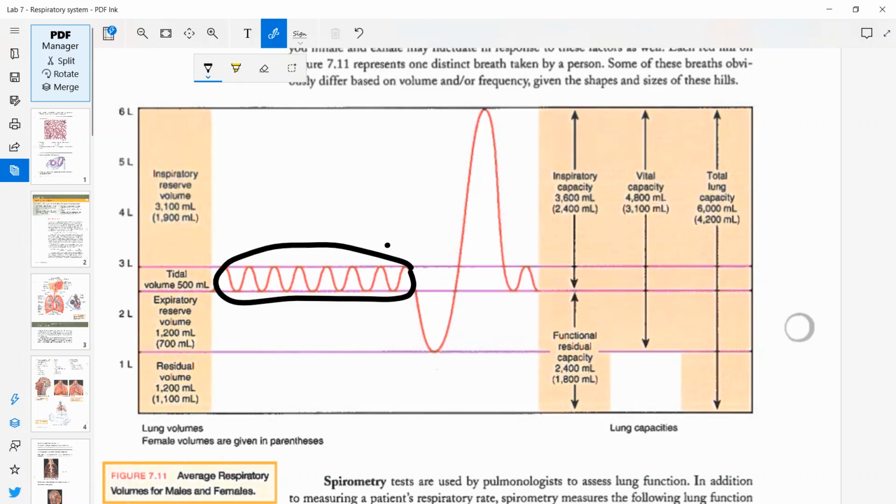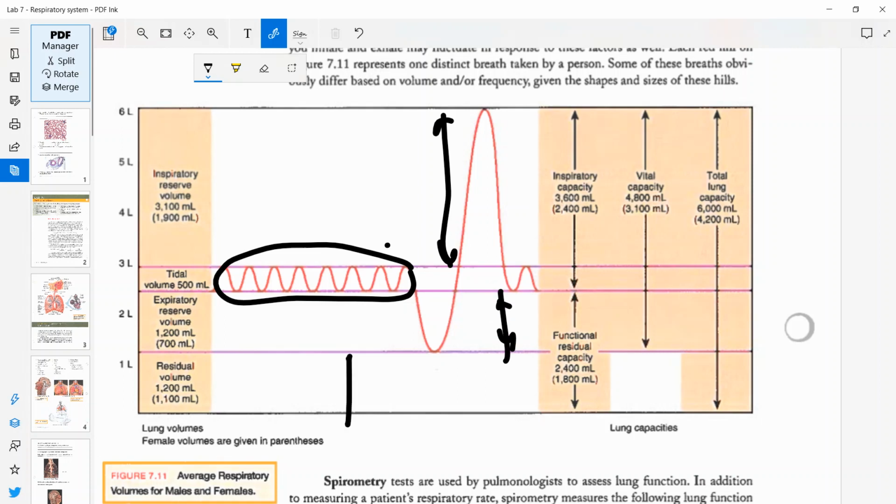Inspiratory reserve volume, this one, shows you how much you can inhale on top of your normal tidal inhalation. Expiratory reserve volume shows you how much you can exhale after your normal exhalation.